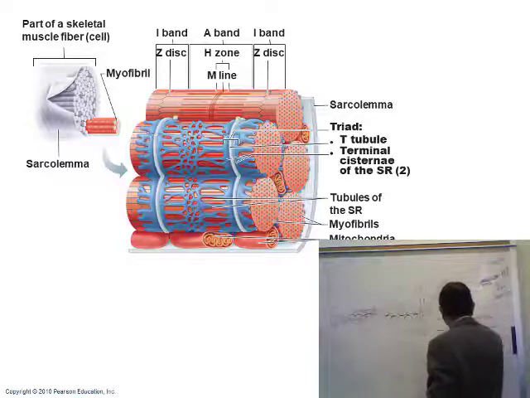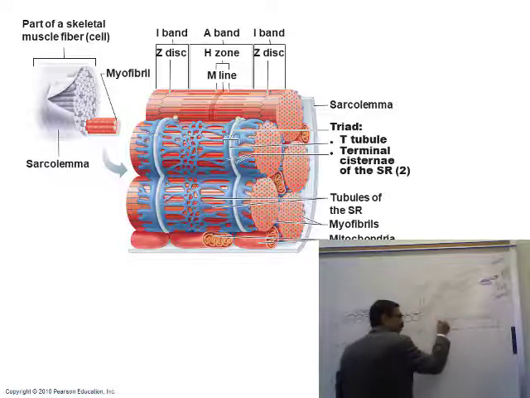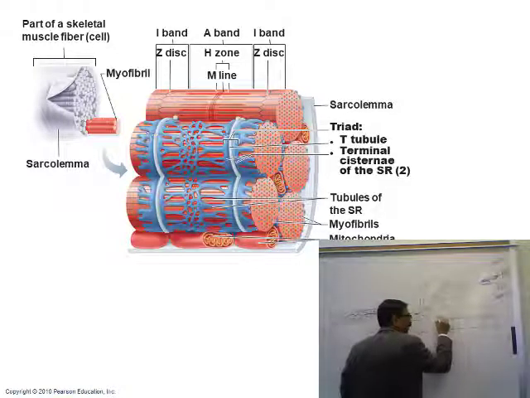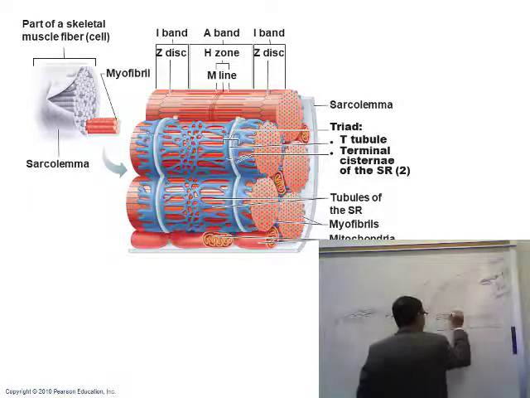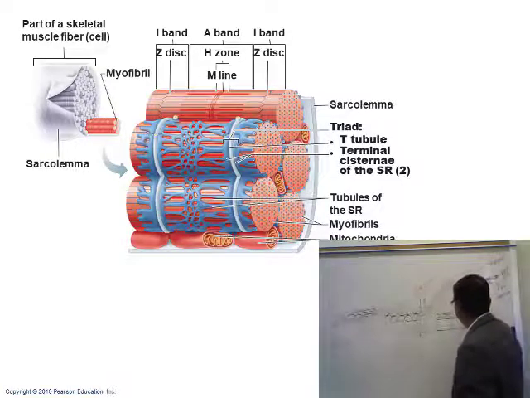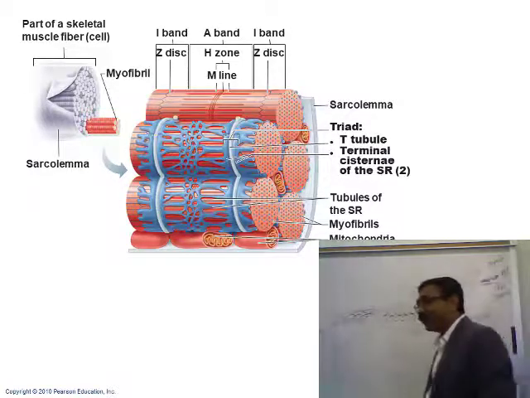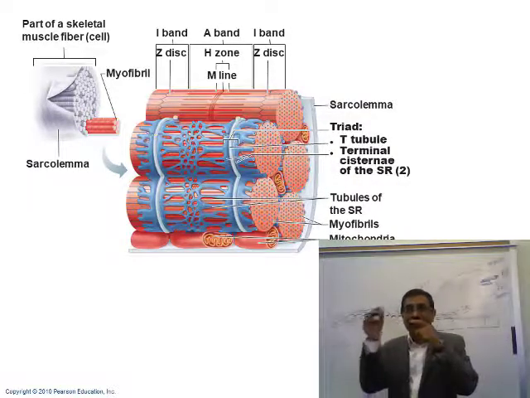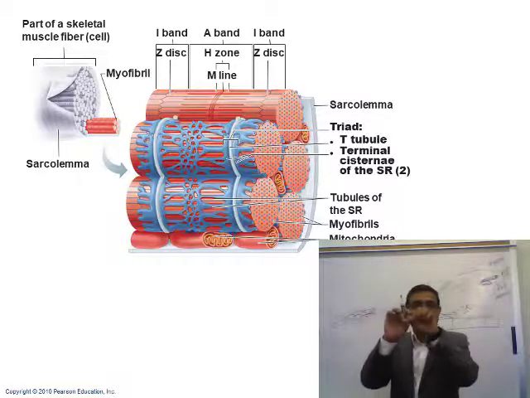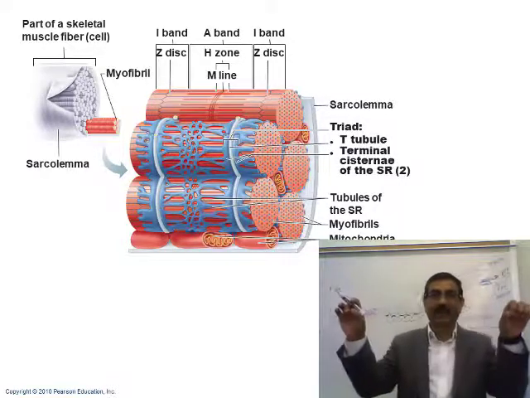Inside the myofibril, you have sarcomeres, and around the myofibril, you have tube-like structures that are connected to each other, many tube-like structures, and these are called sarcoplasmic reticulum or SR. They look like the endoplasmic reticulum. You remember when we talked about the cell, the endoplasmic reticulum? How many of you remember?